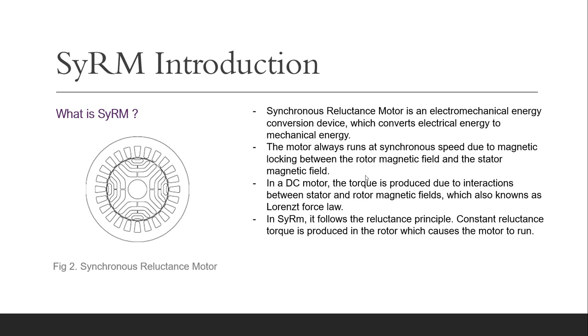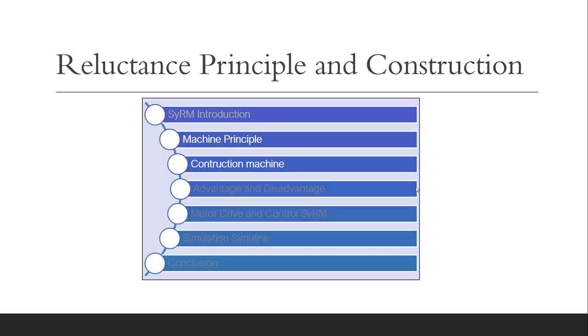In the DC motor, the torque is produced due to the interaction between the stator and rotor magnetic fields, which is also known as the Lorentz force. However, the synchronous reluctant motor follows the reluctance principle, which means a constant reluctance torque is produced in the rotor which causes the motor to run.